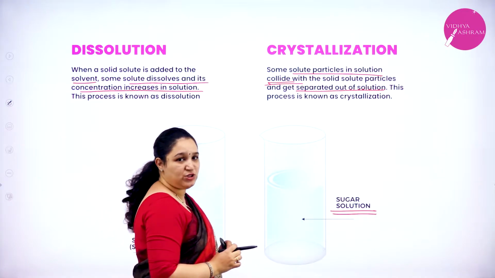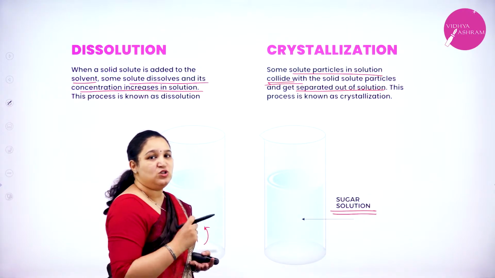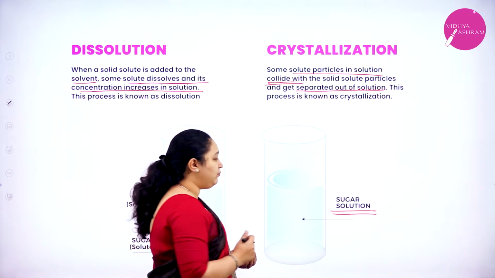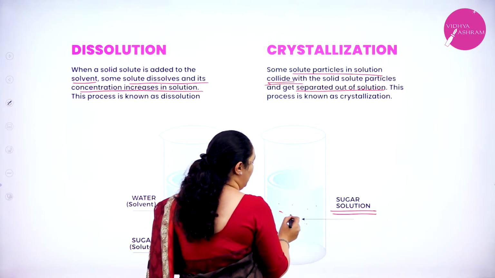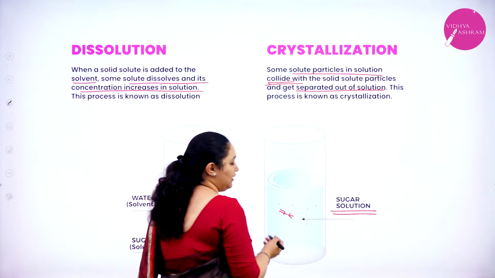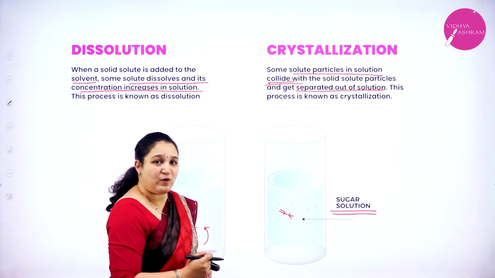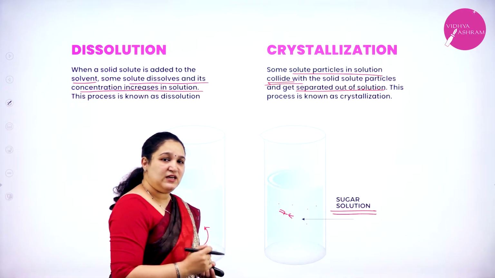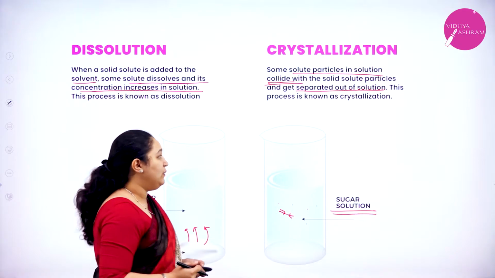Now in the solution, if I go on adding more and more solute particles, at one point the particles will start colliding with one another and they will start forming crystals again. So that process is called as crystallization. Okay, to understand better, we'll see here.